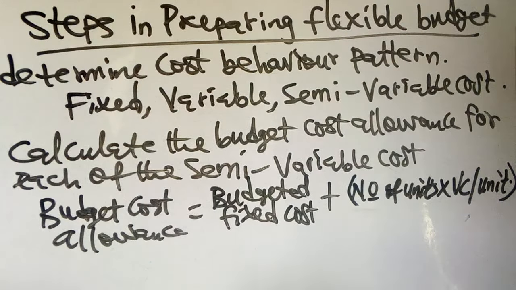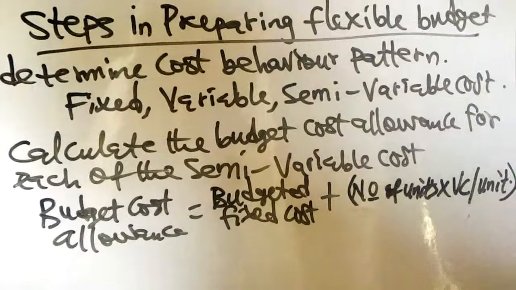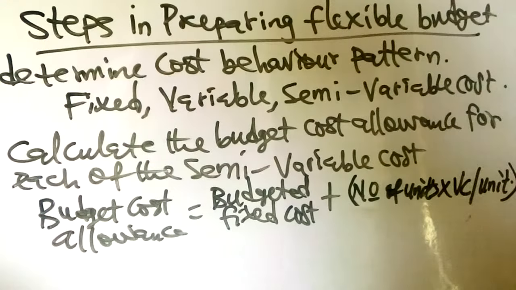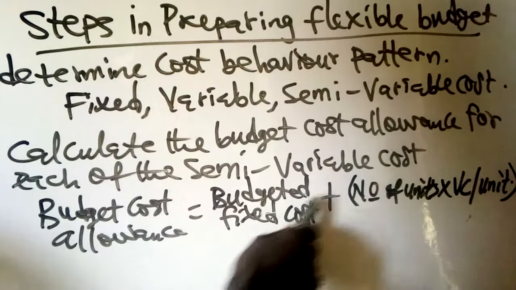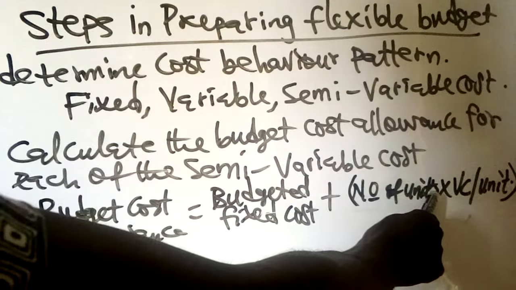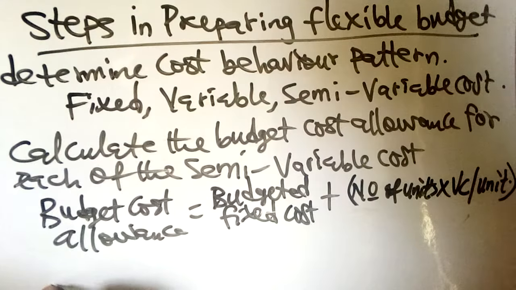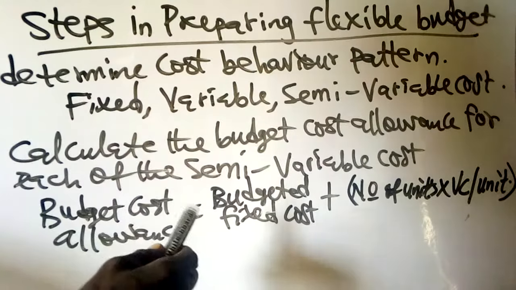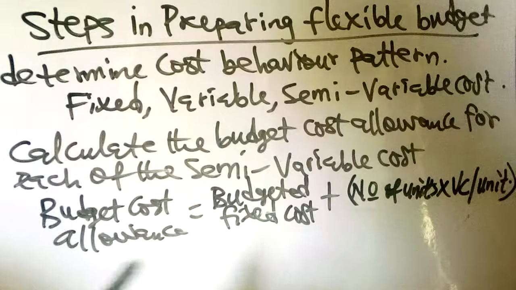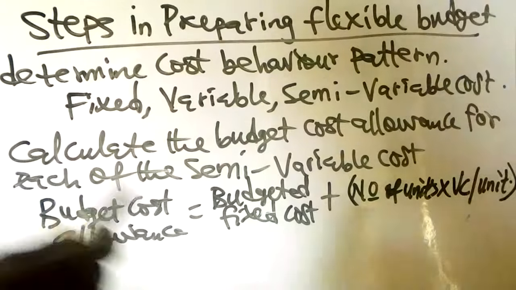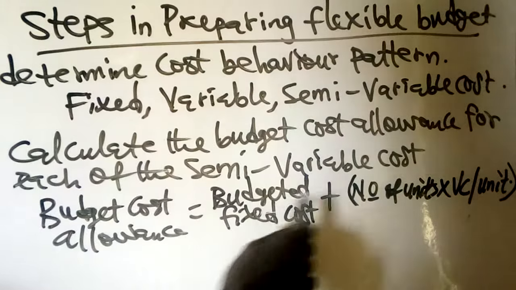Note, semi-variable costs need to be split into fixed and variable components. Anytime you are given a semi-variable cost, it needs to be split into the fixed and the variable component using the high and low method for the cost allowance to be calculated.